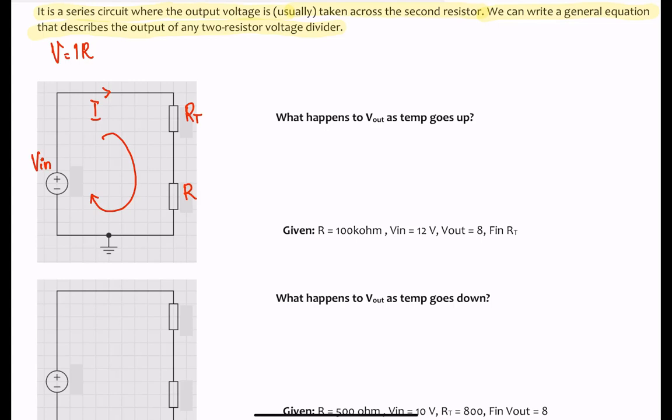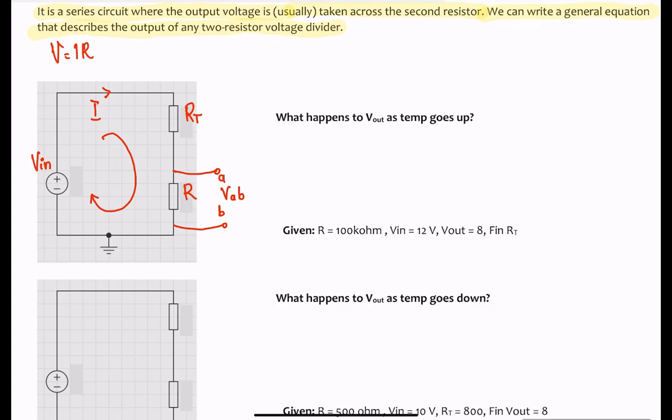If I was going to measure the voltage across this resistor over here, say I have terminals A and B, and the voltage across it is VAB. I need to find that voltage across this resistor R.